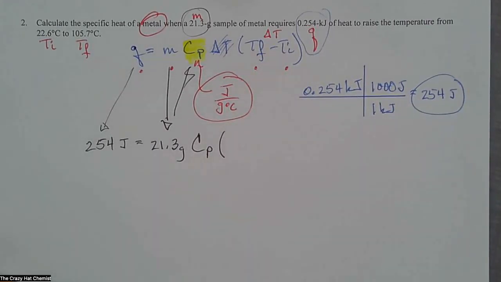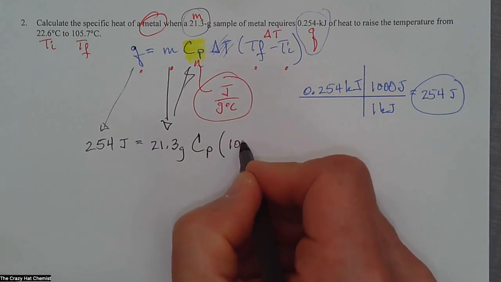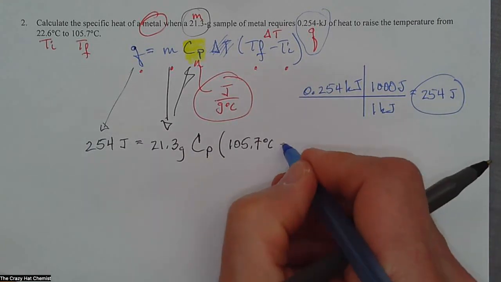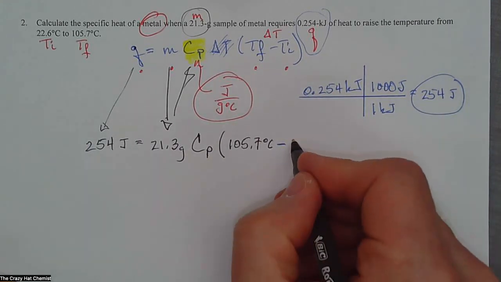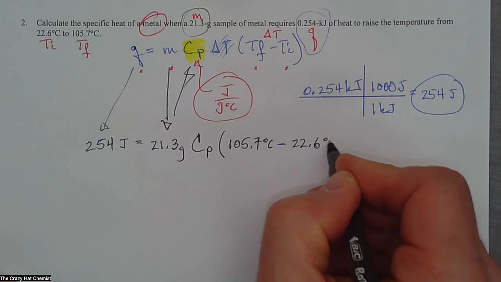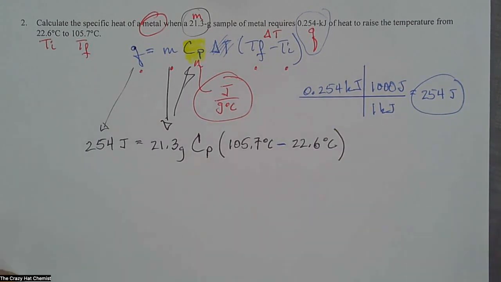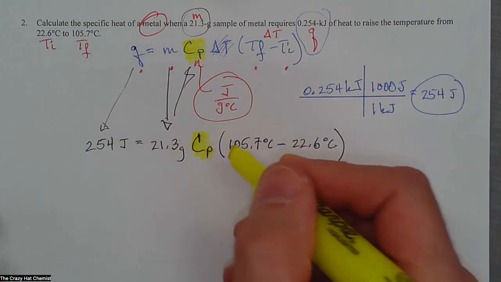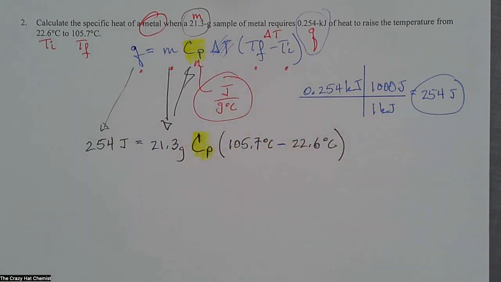And then my final temperature is 105.7 degrees Celsius. My initial temperature, and there's a subtraction here, is 22.6 degrees Celsius. Again, I am solving for the specific heat capacity. That's what I'm solving for.